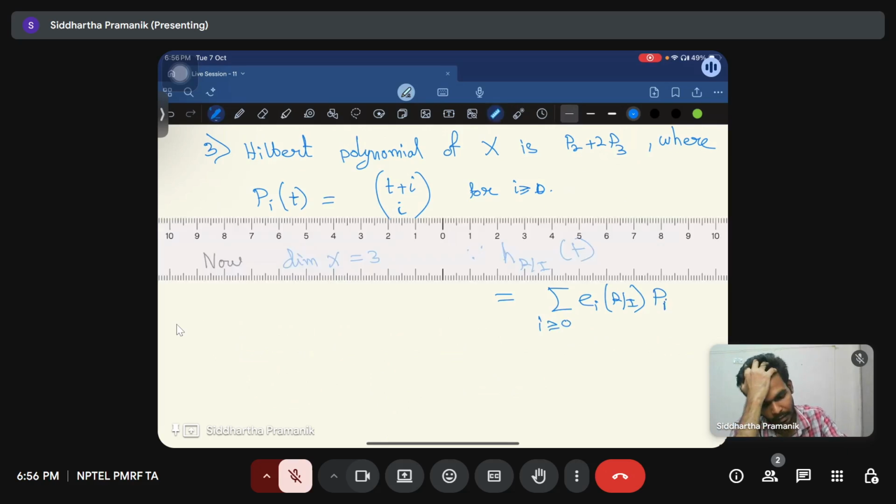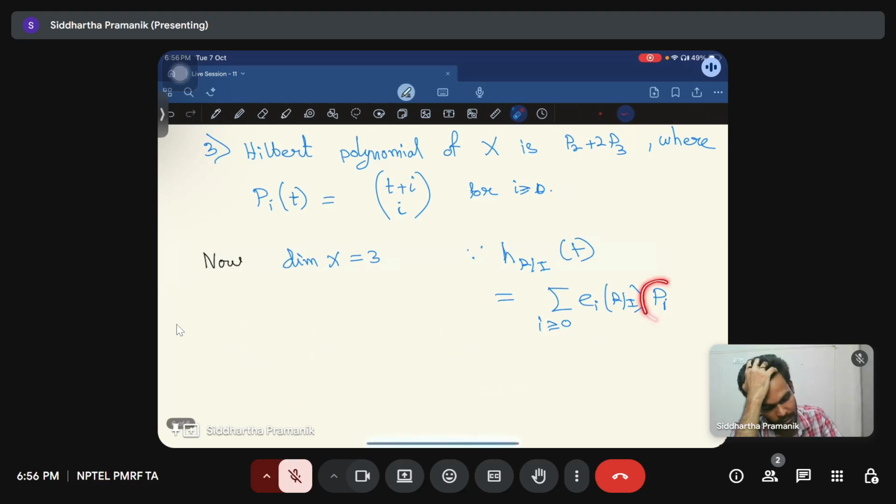And the largest I for which this is non-zero will give the dimension of X or the dimension of R mod I.